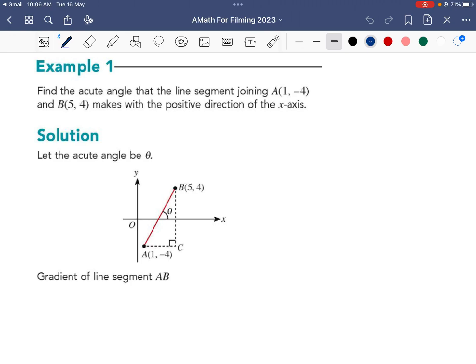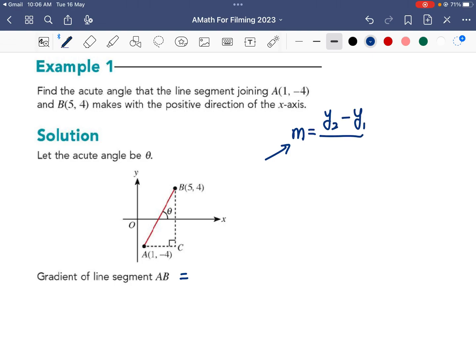The angle that we're trying to find is the angle with the positive direction of the x-axis. As we have learned from the previous slide, the gradient is equal to tangent theta. So what we can do is find the gradient first. The gradient of line segment AB, you need to remember this, gradient m. M is a symbol that we commonly use for gradient.